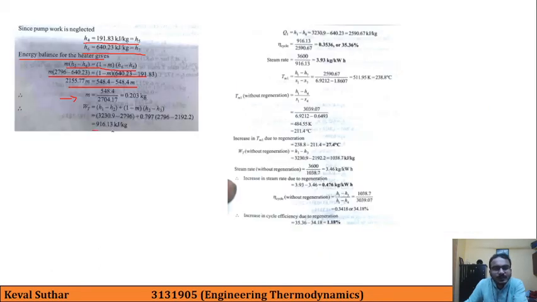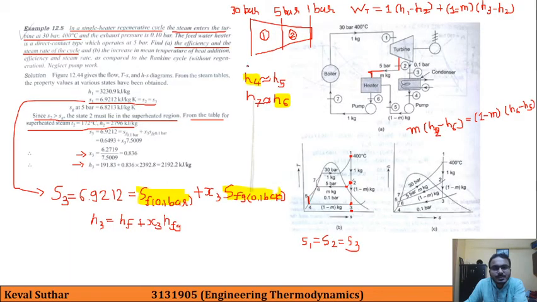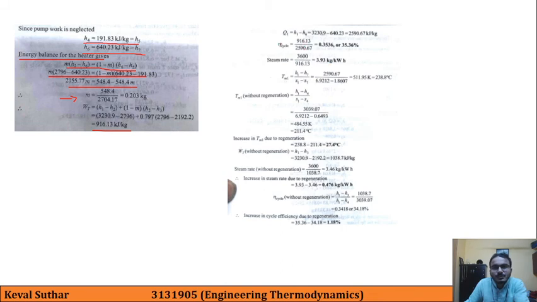And finally we get the value of WT. Now Q1 is H1 minus H6. Actually it was H1 minus H7, but it is equal to H6 due to this relation. That is the value of Q. So once we obtain Q, we can obtain eta cycle as well as the steam rate.